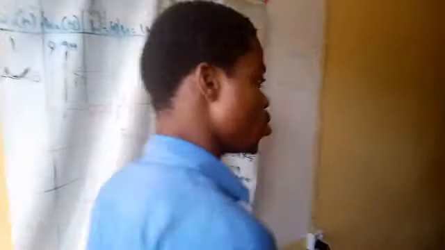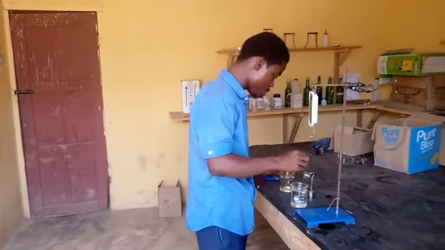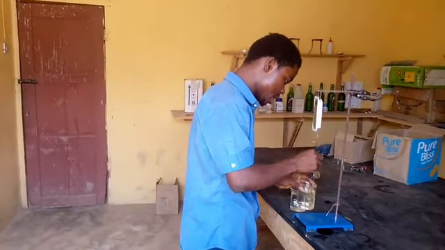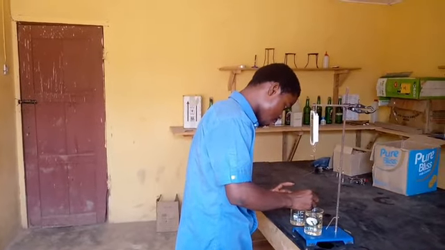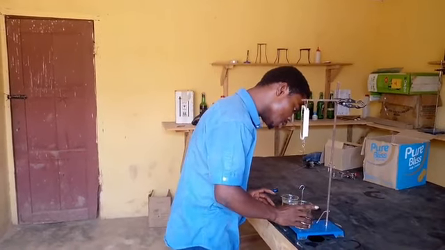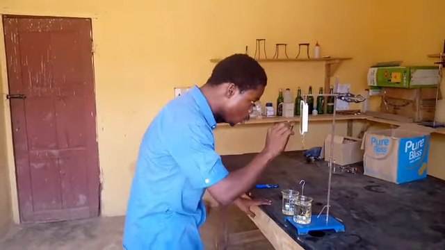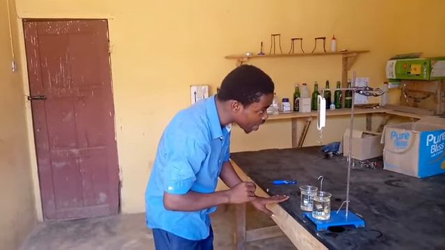Now, let's see when we immerse it into the other liquid that we have here, which is kerosene. When we gently immerse it, don't forget, it must not touch the side of the beaker or the bottom of the beaker. Let's gently immerse it and see what we have. When we look at what we have here, it is close. This is 95.